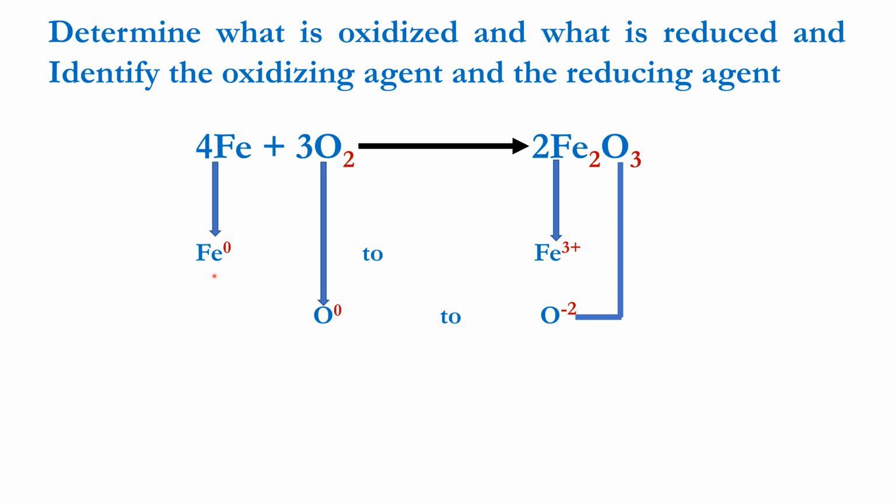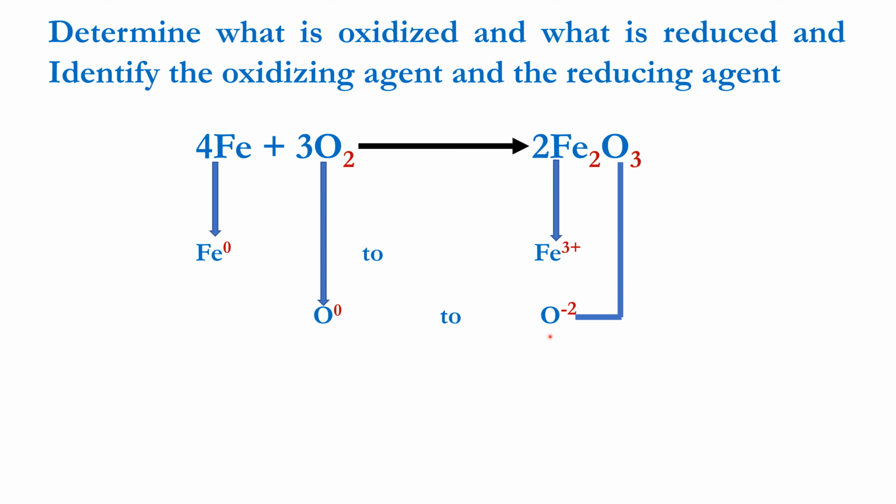So iron has oxidation number 0 here. Oxygen has oxidation number 0 because it is in its elemental state. Iron here has oxidation number +3 and oxygen here has oxidation number -2.